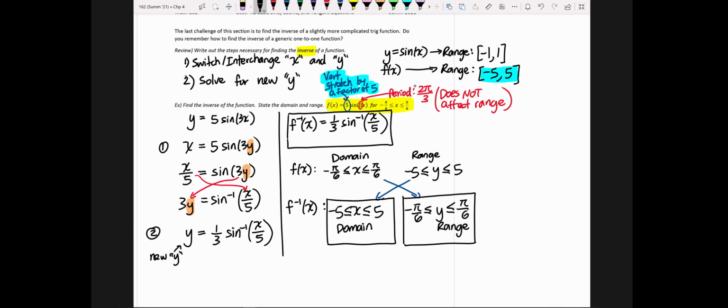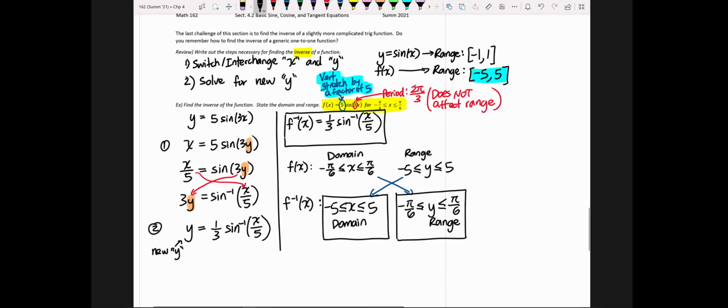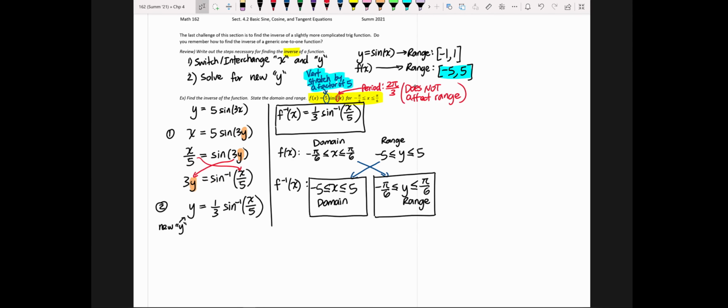That means the domain for f inverse is the range for f. The range for f inverse is the domain for f. They switch. Okay, take a look at what we did here to see if you have any questions. And then we have some summary notes to wrap up section 4.2.